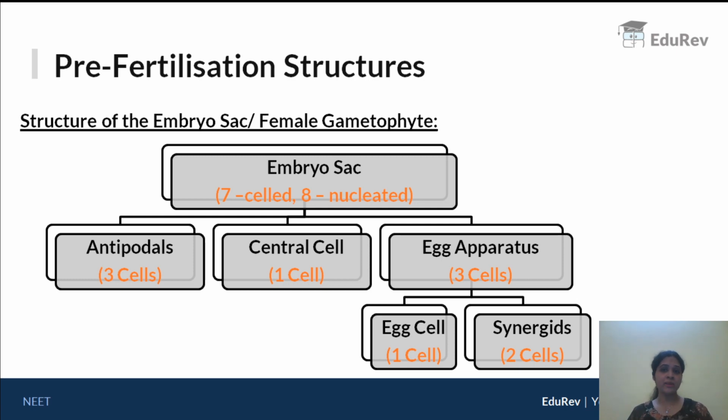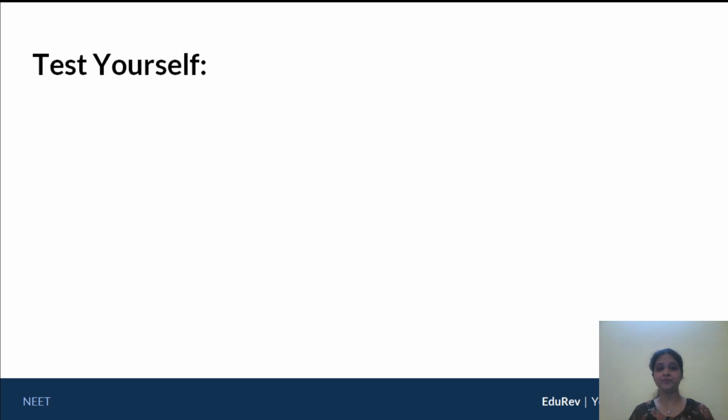This concept of being 7-celled, 8-nucleated is very, very important for the NEET exam, and you need to understand how it comes into picture. And you need to remember that the central cell nucleus, being the secondary nucleus, is definitely going to be a diploid nucleus. That is important for you.